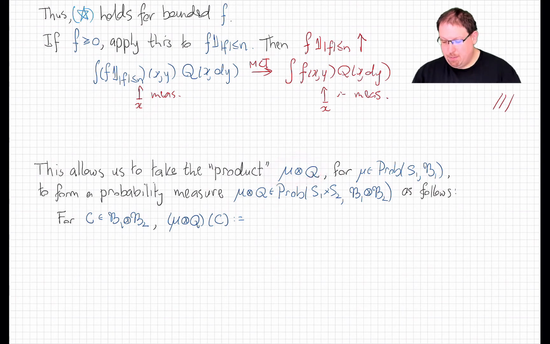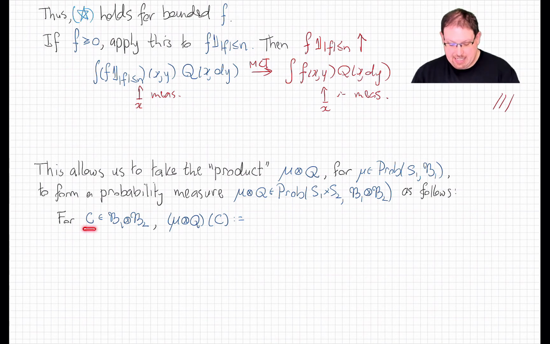If mu is a probability measure on the first state space, S1, then I can take the product of mu and q, and that's going to give a probability measure, not a probability kernel, but a probability measure on the two variable space. And we define that product as follows.